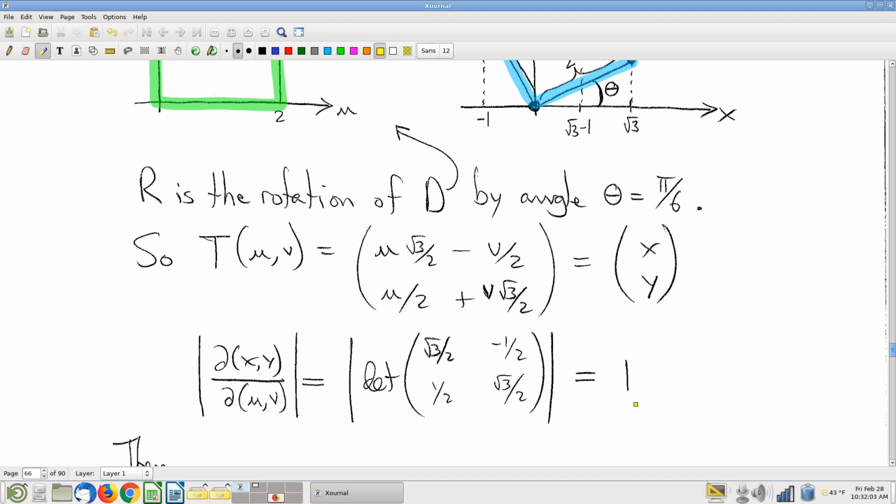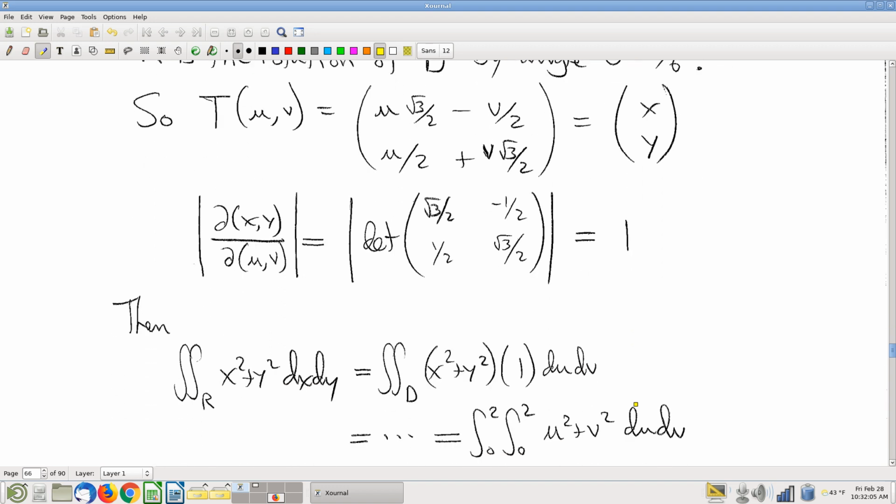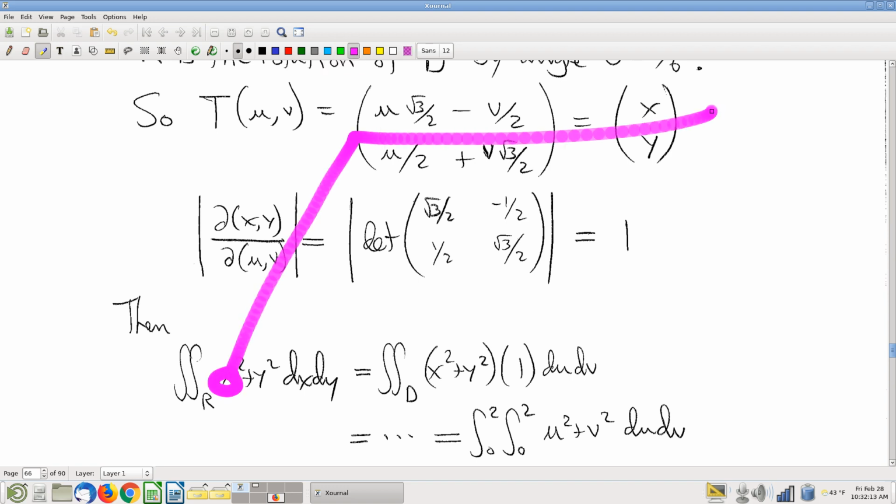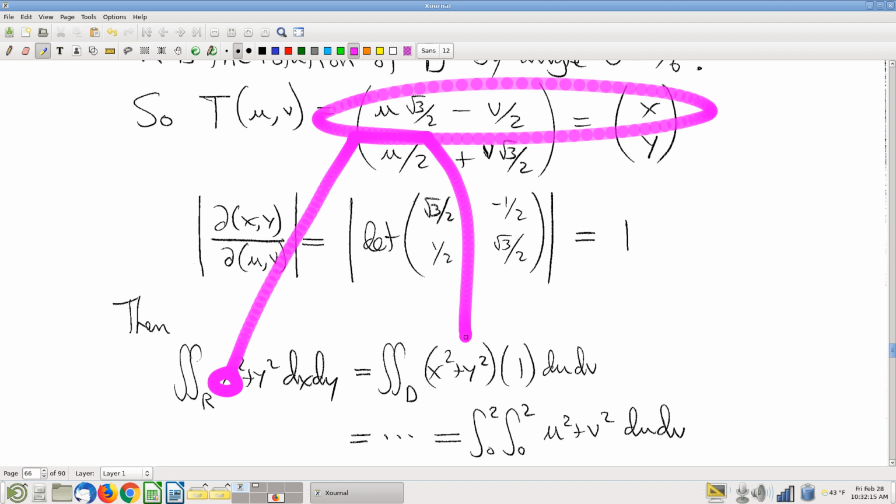Okay, so we got our stretching factor, and now we're into the plug and chug portion of the process. Don't forget that x is right there, so you can plug in for what that x is. That's a function of u and v that you can just stick in there.